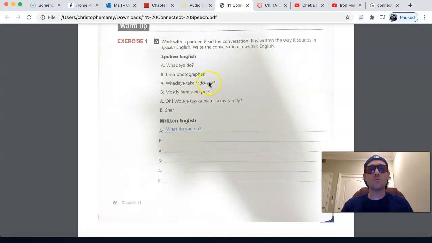Would be the written form in English. What do you take photos, plural, of? This one's a little bit easier. Not a lot of connection here. Mostly families, plural. Mostly families and pets.